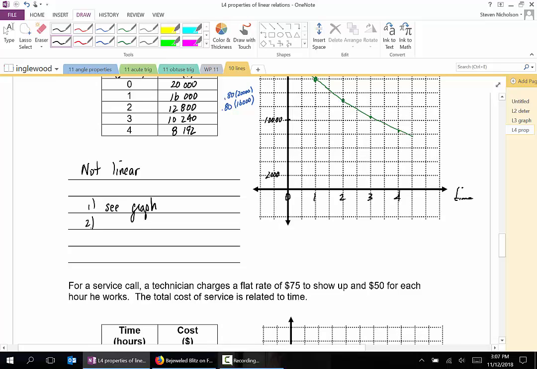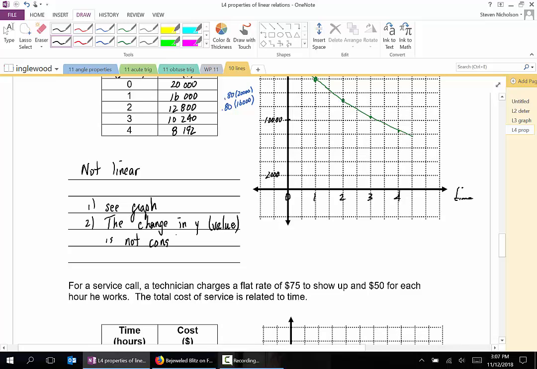But also, what you want to see in the table is the change in y. In the y column, the change in y, which in this case is the value of the car, is not constant.